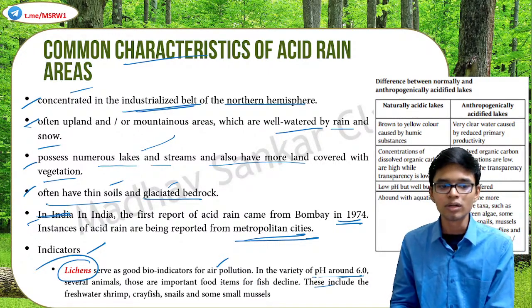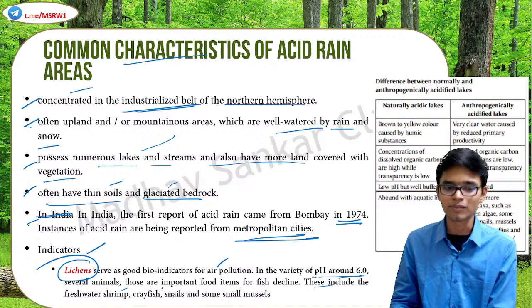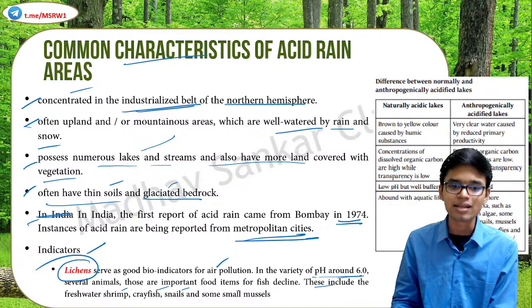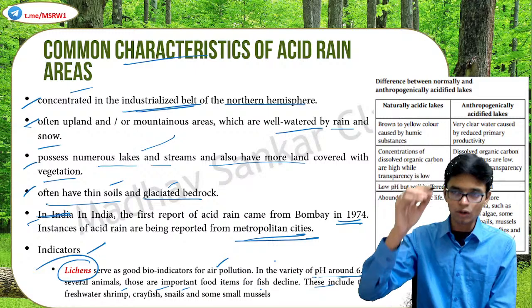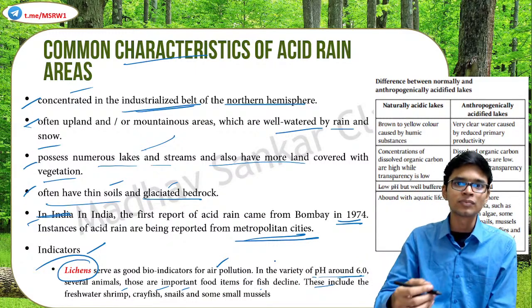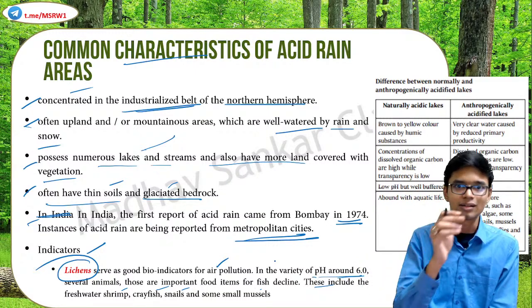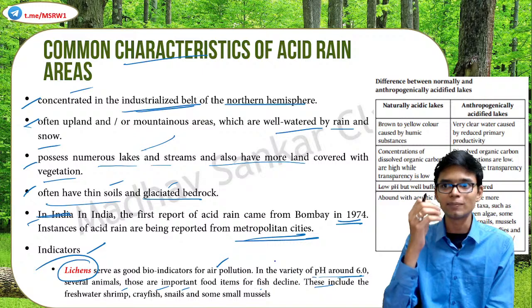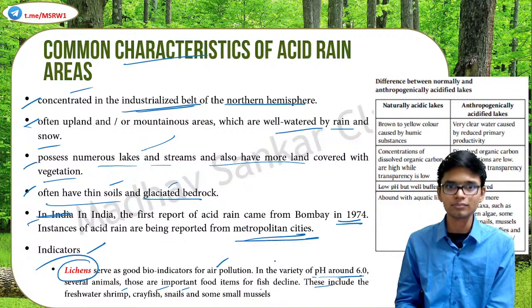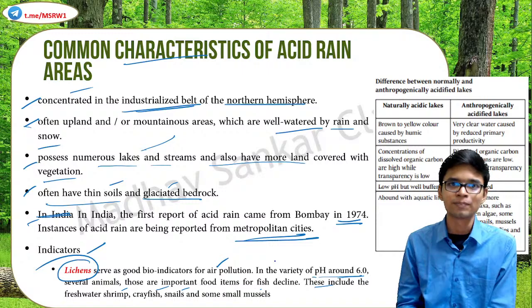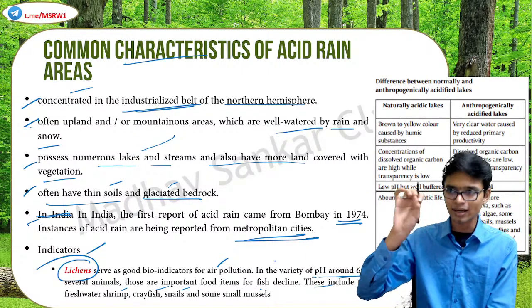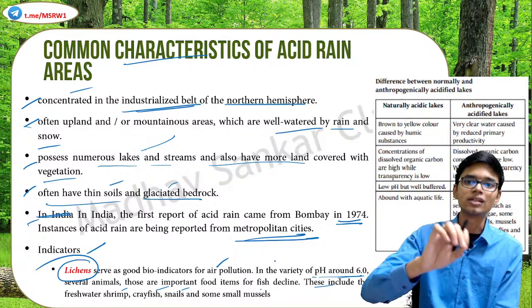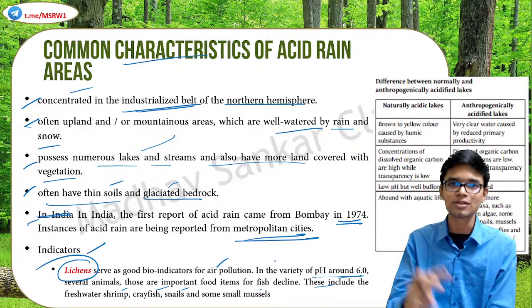These include freshwater shrimp, crayfish, snails, small mussels, etc. So when the pH lowers and becomes acidic, this will affect certain life forms, and we will start to notice it. Best example, lichen. So areas affected by acid rain can be easily identified by the presence or absence of these organisms.